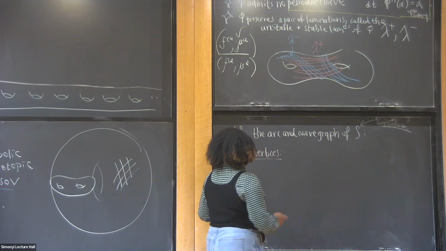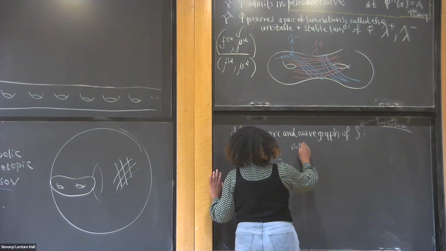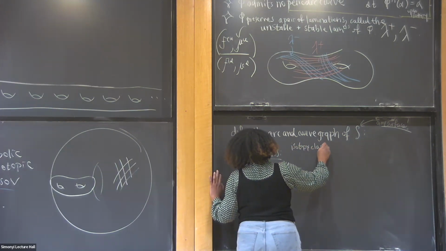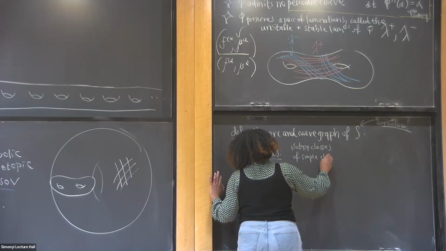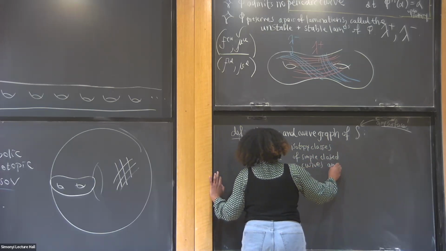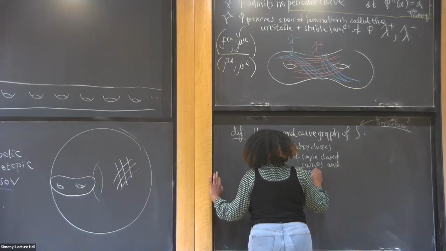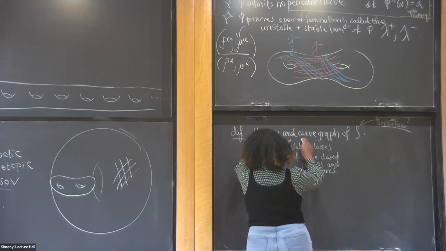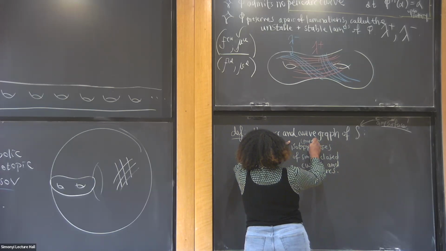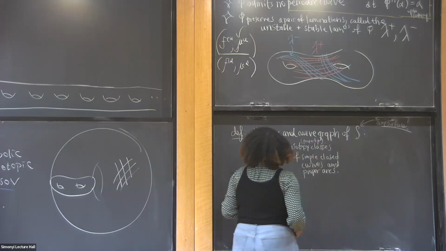So the vertices are isotopy classes of simple closed curves and proper arcs. And maybe I should be careful. I want proper isotopy on a bigger surface.